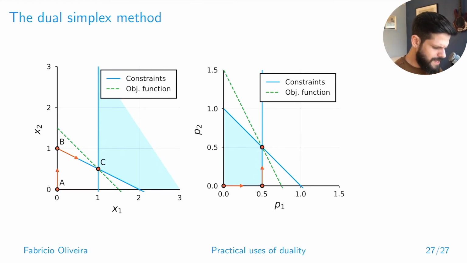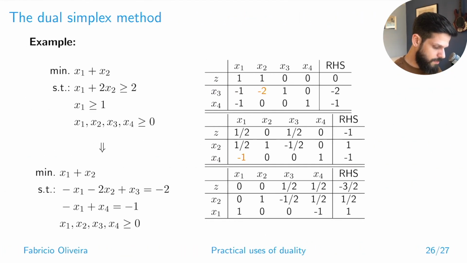You can see these values when you look at the tableau and focus on these elements. So I start from 0,0, then I end up at half, 0, and then go to half and half. The reason is that these terms are the reduced costs.